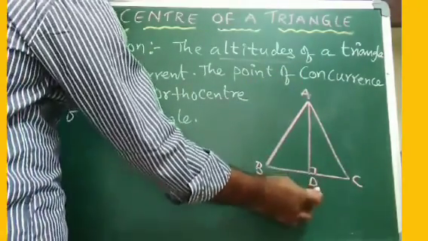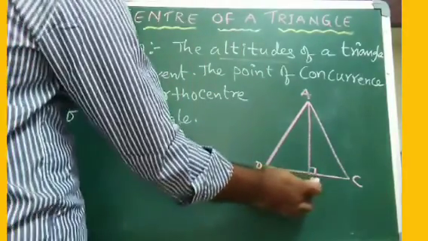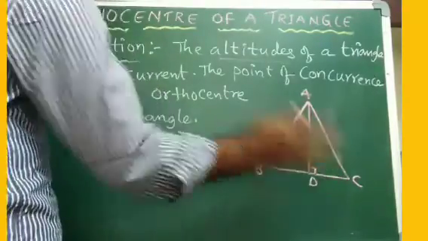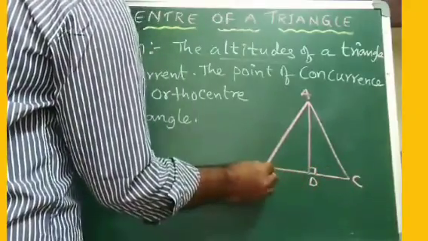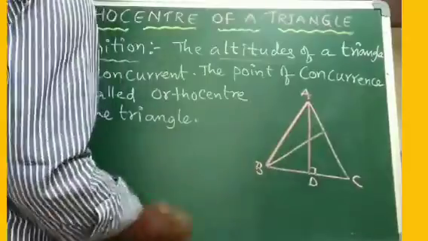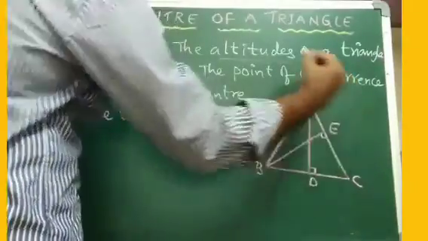And my dear, D is just any point, need not be the midpoint of BC. Please note it. D is not the midpoint of BC. Now similarly, from the vertex B, draw the perpendicular to the opposite side, that is AC. Say this is another perpendicular, BE.